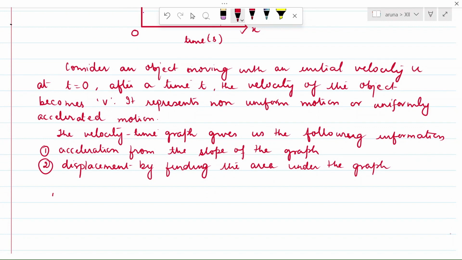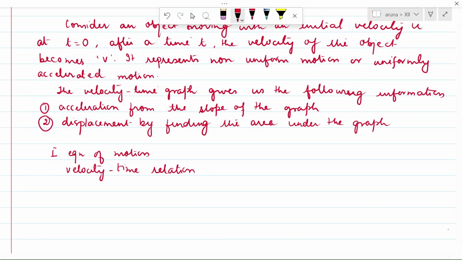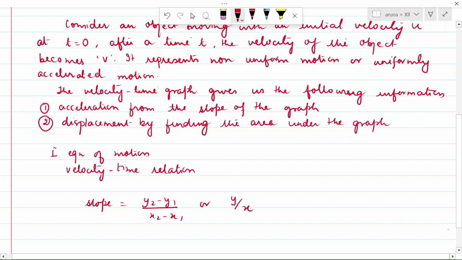The first one is also called the velocity time relation, and this we find by finding the slope of the graph. Now slope of any graph is equal to y2 minus y1 upon x2 minus x1, or in short you can write it as y upon x.